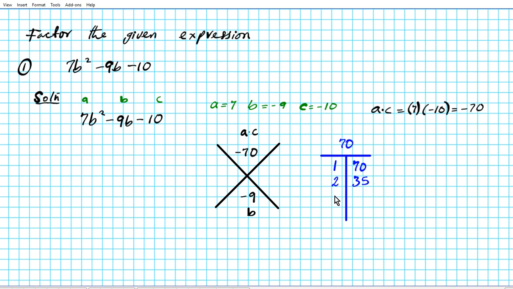How about 3? If you add the digits of 70, do you get a multiple of 3? 7 plus 0 is 7. Does 3 go into 7? The answer is no. We know 3 times 1 is 3, 3 times 2 is 6, 3 times 3 is 9, so 7 is not a multiple of 3, so we don't put 3 here.